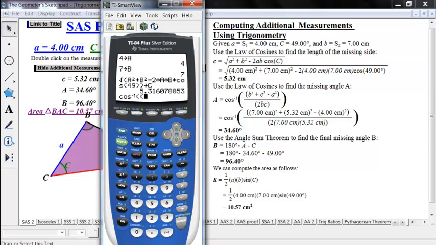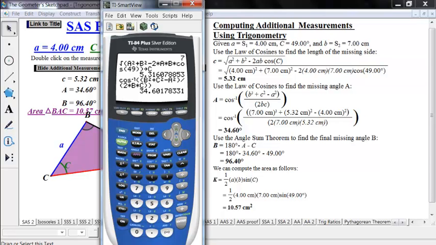So it's the inverse cosine of, open numerator, alpha b squared plus alpha c squared, and then minus alpha a squared, close parentheses, divided by parentheses 2 times alpha b times alpha c. Okay, and that closes the denominator and then close the inverse cosine. And since I'm in degree mode, this will produce the angle in degrees.